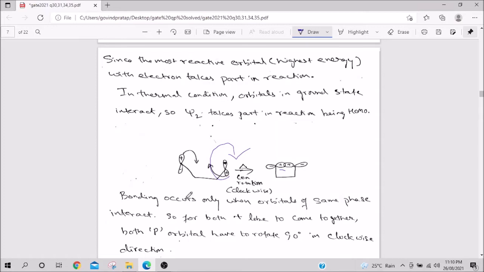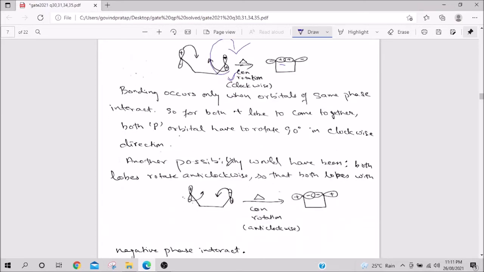When you rotate both of them in the same sense, either clockwise or anticlockwise, it is called conrotation, or conrotatory. That is why we saw that under thermal conditions 4n is conrotatory, whereas 4n under photochemical conditions is disrotatory.